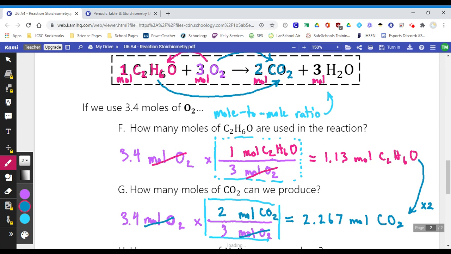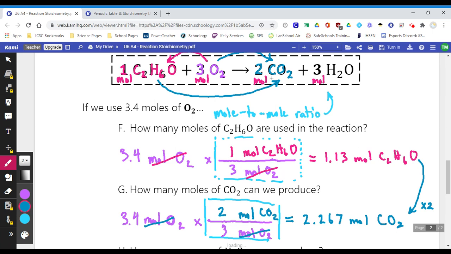We can also backtrack and say, I want to make this much H2O from this reaction. How much C2H6O am I going to need to start with? And you can also go back and forth between. If I have this much C2H6O, how much O2 is going to be needed to react with it? Or if I make this much H2O, how much CO2 is also going to be made from there?